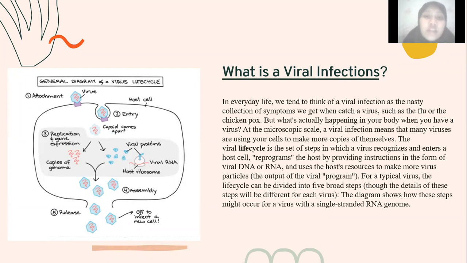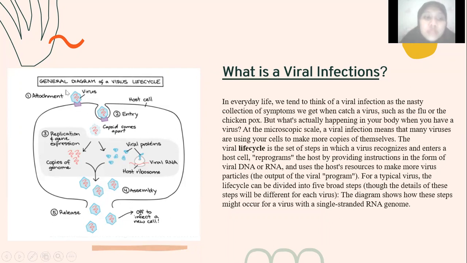For a typical virus, the life cycle can be divided into five steps. The details of these steps will be different for each virus. The diagram shows how these steps might occur for a virus with a single-stranded RNA genome. This is a general diagram of a virus life cycle.